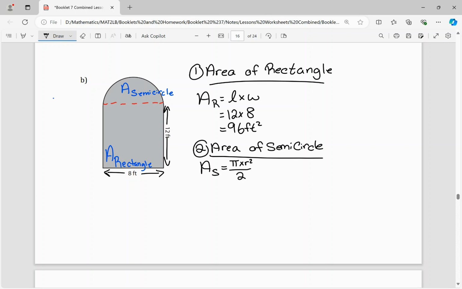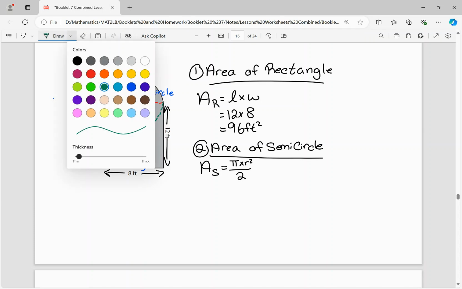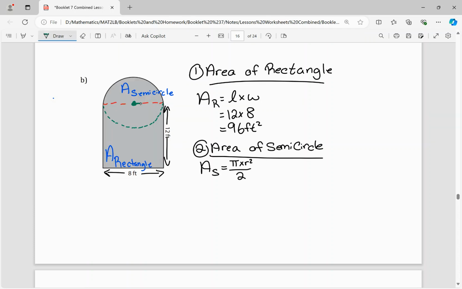Now, the only number that we need to find here is r, the radius. The radius of a circle or a semicircle, right? Draw a little pokeball there. The radius is the distance from the middle to the outside.